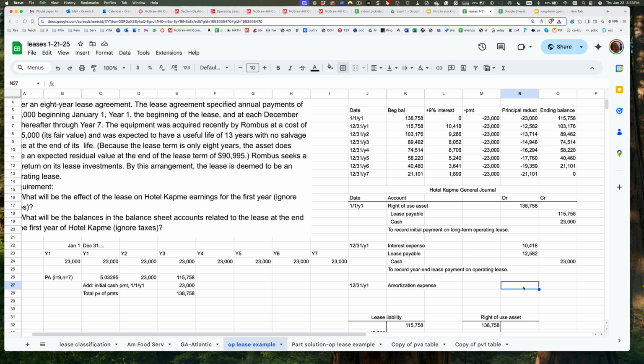And so that's going to be equal to 23,000 minus the 10,000 interest expense, or 12,582.